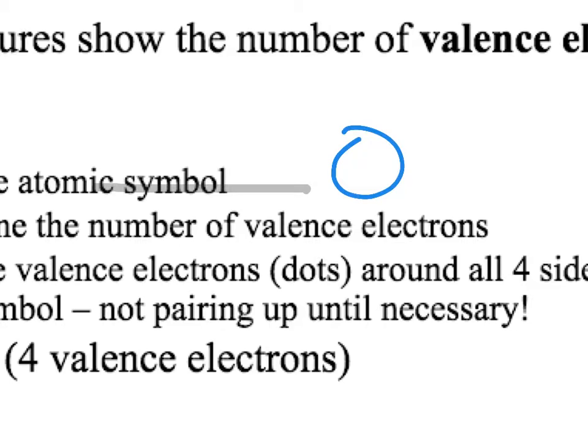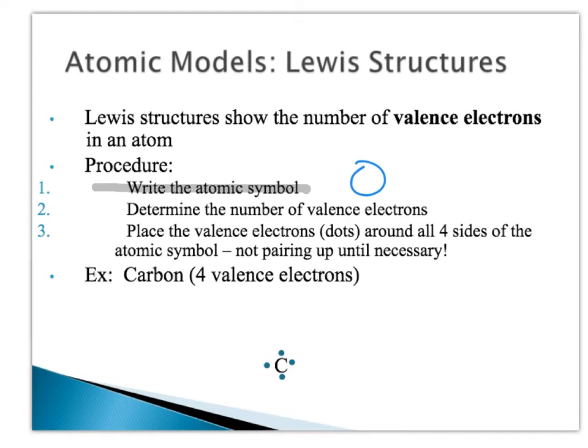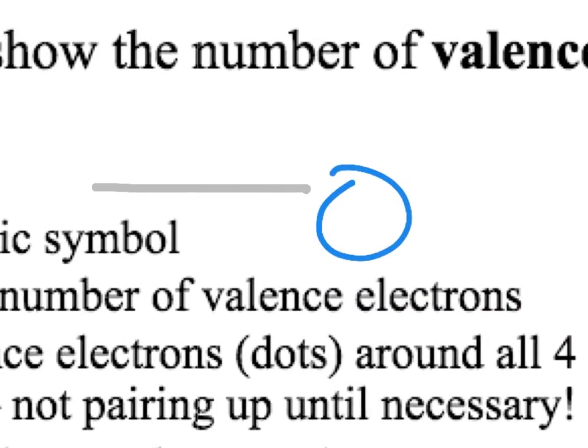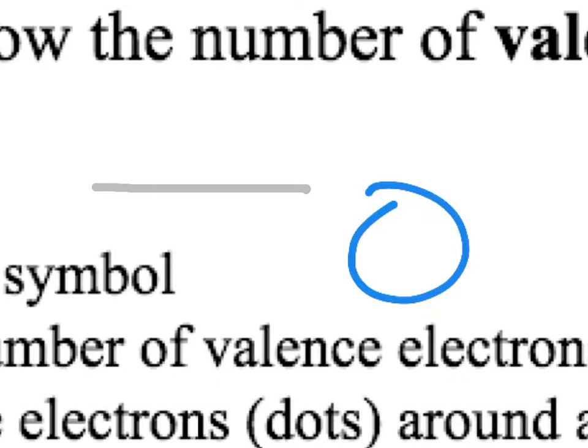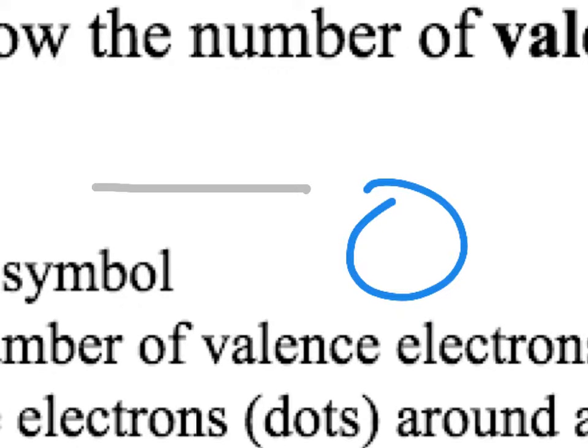Alright, the next thing you want to do is determine the number of valence electrons. So you've got to figure out what column oxygen is in. Well, we referenced a little bit back in our notes, we know it's in the 6th column, so it has 6 electrons. And we're just representing the electrons as dots right now. So we want to say 1, 2, 3, 4, 5, 6.